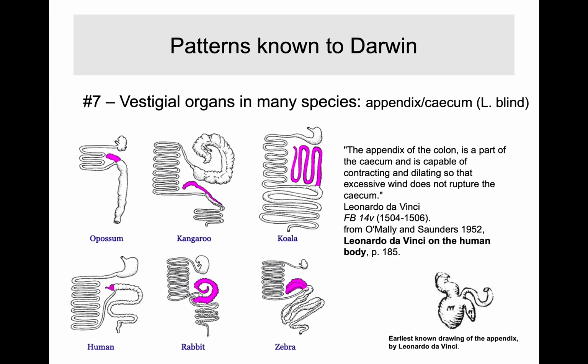Some vestigial organs that we can talk about in depth: the appendix or the cecum. This is one that always gets people a little upset, because the human appendix is hypothesized to have function. One of those functions is that it's a repository for good bacteria in our digestive tract.